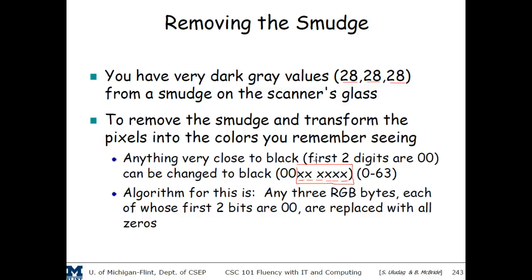If 255 is white and 0 is black, any number between 0 and 63 is still closer to black than it is to white. So the bits that would actually set it closer to white would be the leftmost bit, which is 128, and the next one, which is 64.